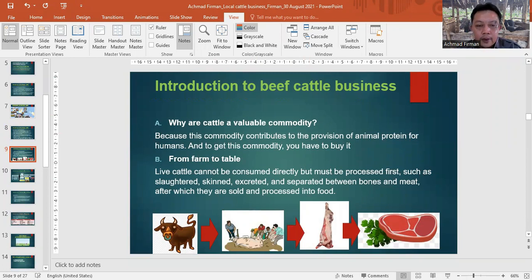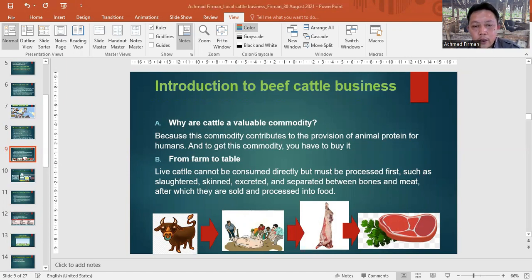Why are cattle a valuable commodity? Because this commodity contributes to the provision of animal protein for humans. And to get this commodity, you have to buy it. We have to sacrifice our resources in the form of the amount of money paid.